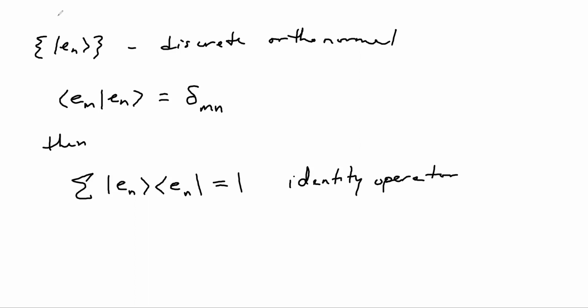Not very exciting, but pretty useful. So if we let that operator act on any vector, we recover the expansion of that vector in the basis that we want. So that is just a very complex way to say this is how we get the components in that basis.